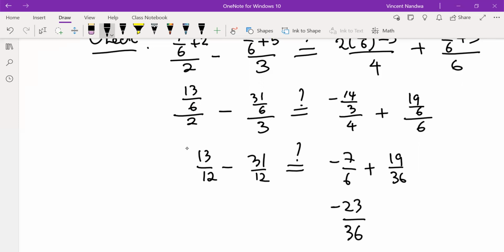And then here we had 13 over 6 divided by 2, so that's 13 over 12 minus 31 over 12.